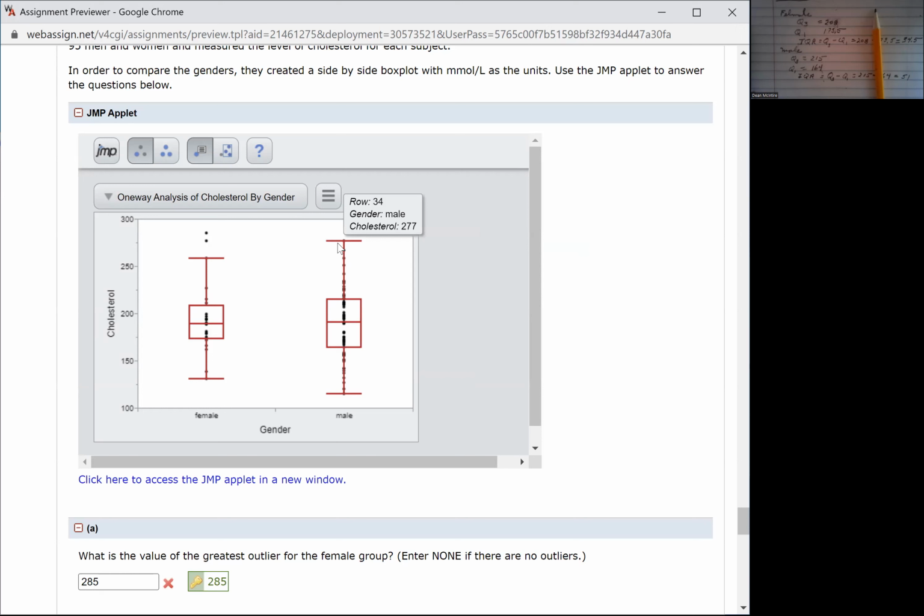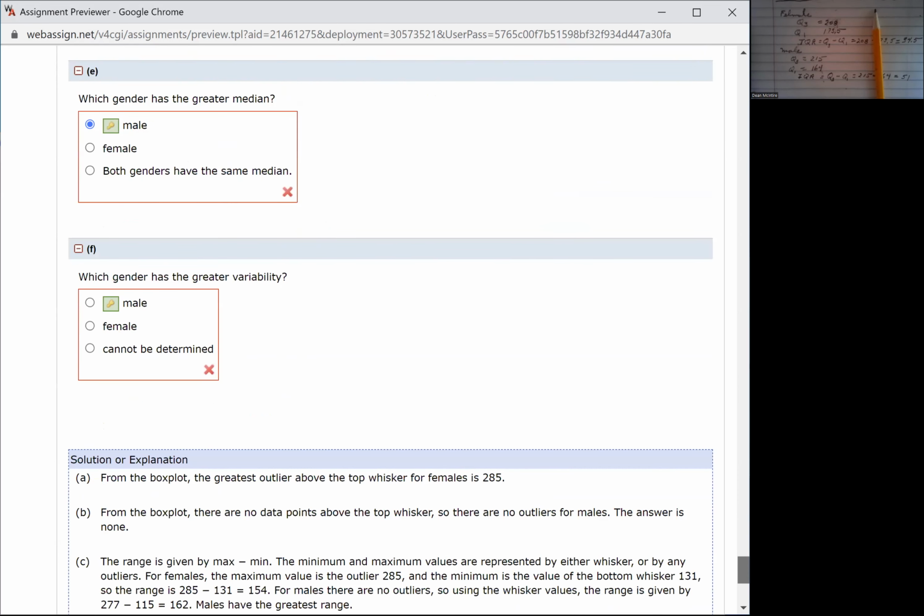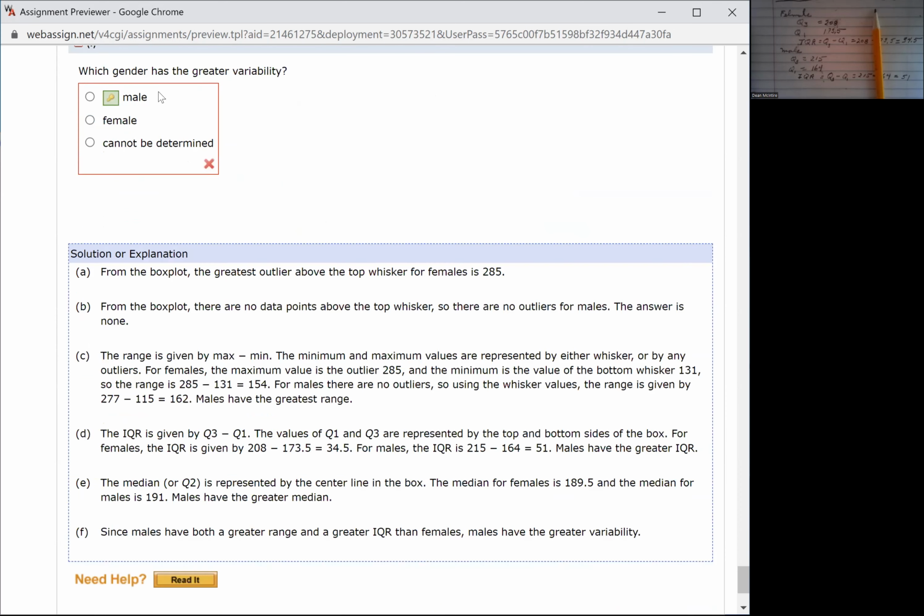Look at the range, if nothing else, it is a lot greater than this one. And also in the box, this is greater than this distance from here to here. So I would say the male. Okay, got it.